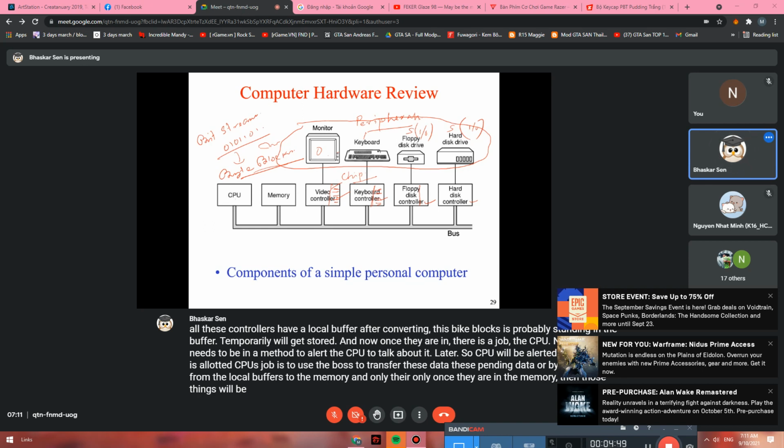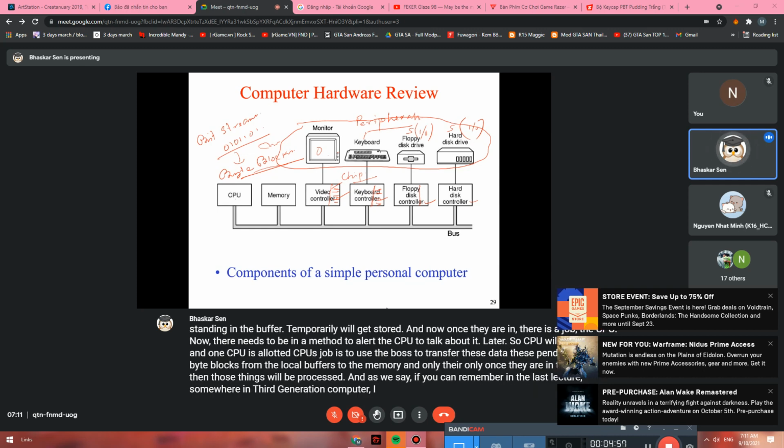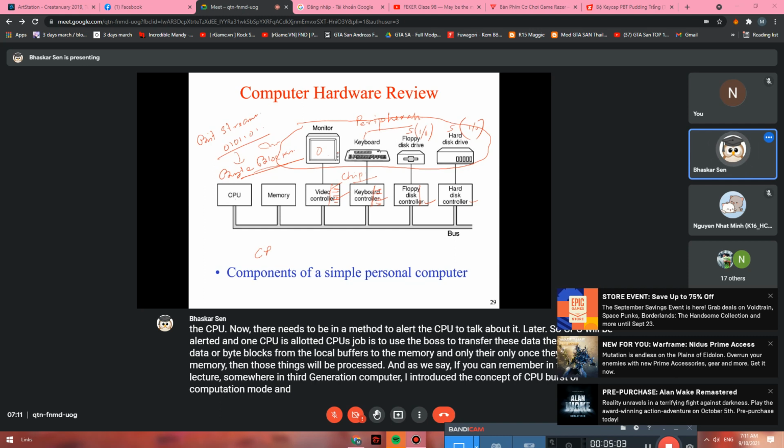And as you can remember from the last lecture, somewhere in third generation computers, I introduced the concept of CPU burst, or computation mode, and I/O mode. So the CPU works by switching from CPU burst to I/O burst.